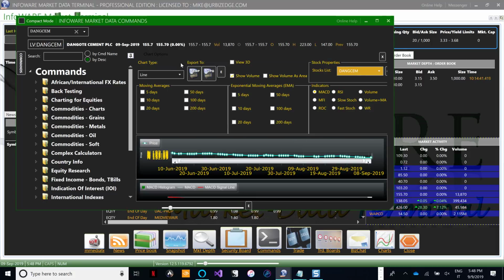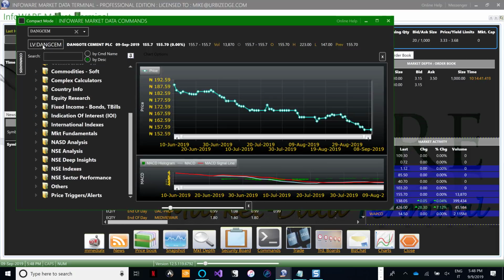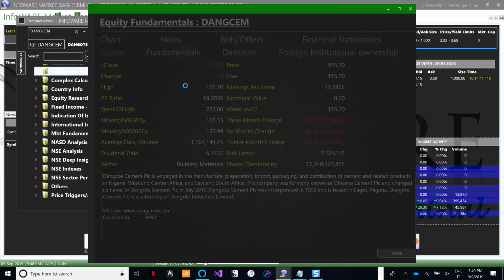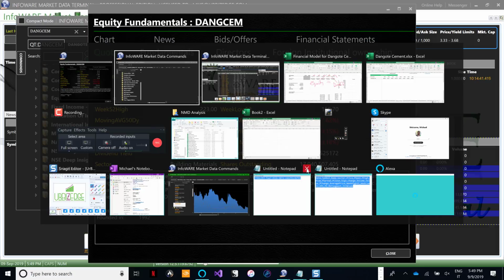I think it's QT. So it shows me, let's look for shares outstanding. Oh, so this is it. 17.0405. Am I able to copy this out? Well, no problem. I'll type it out.